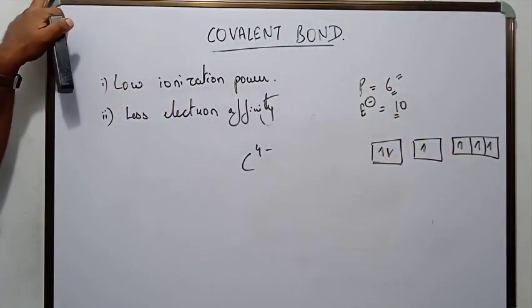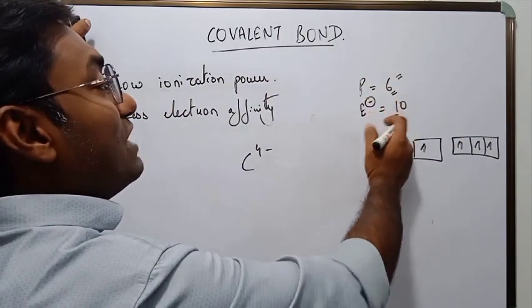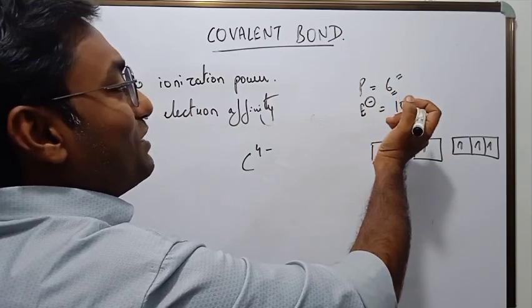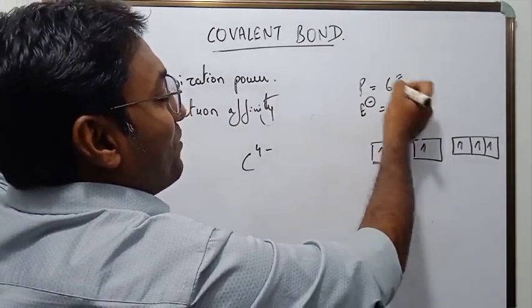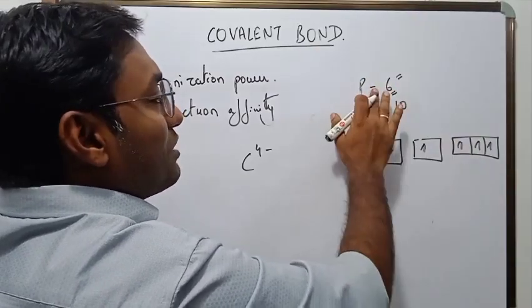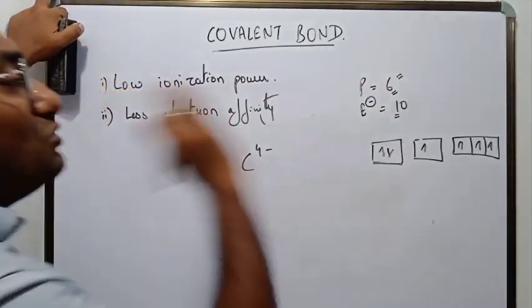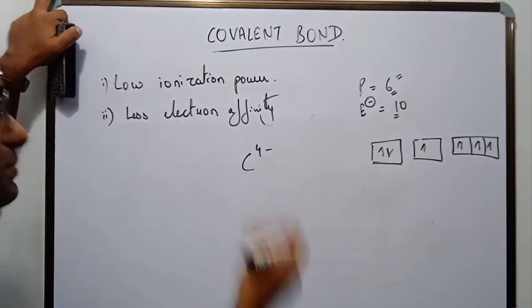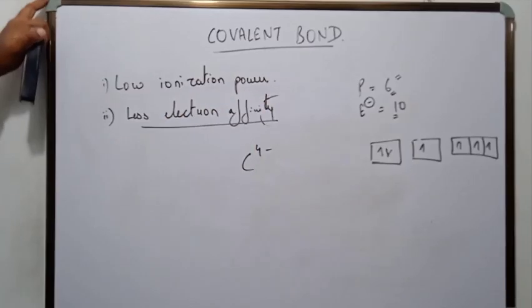Do you think it is possible? It's not possible. Otherwise we have to give that much energy, that much heat, so that it can accommodate 10 electrons, but in normal circumstances it's not at all possible that 6 protons can take up 10 electrons. What I mean to say is carbon has less electron affinity.